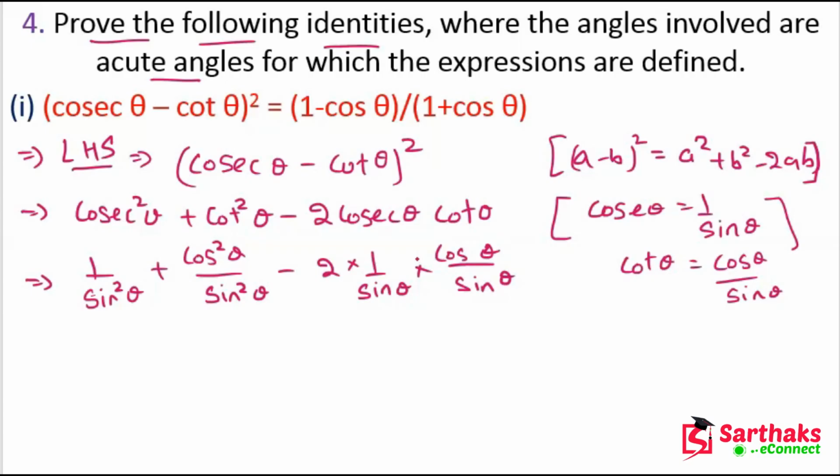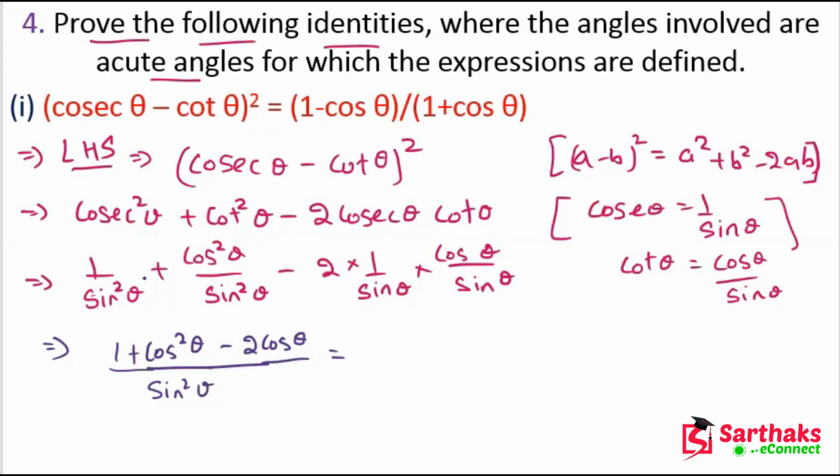Okay, understand? So in the denominator there is sin square theta, so we are taking sin square theta as the LCM, and here is 1 plus cos square theta minus 2 cos theta.